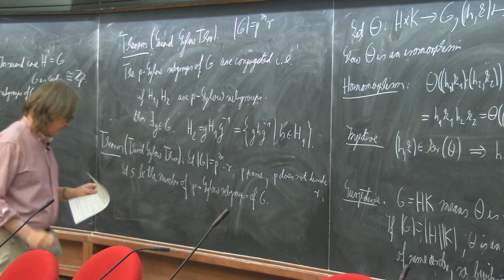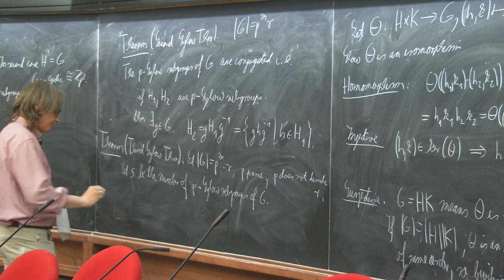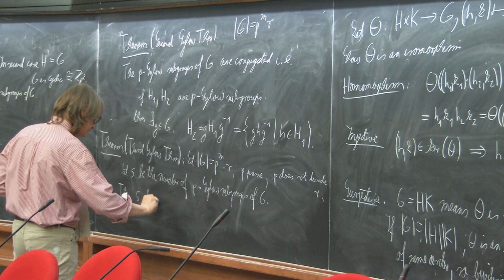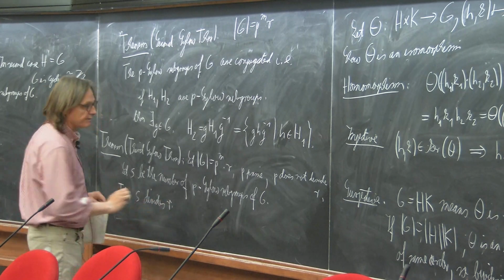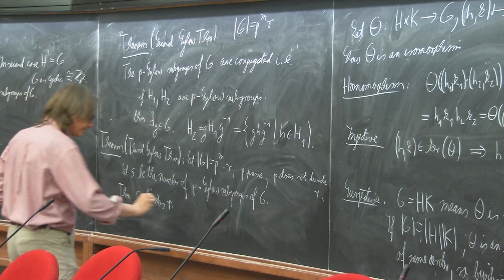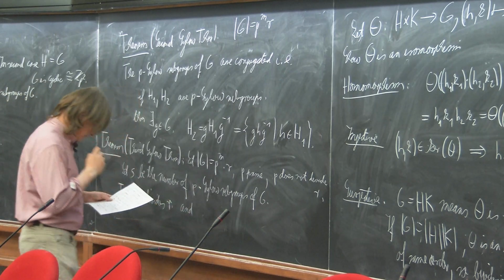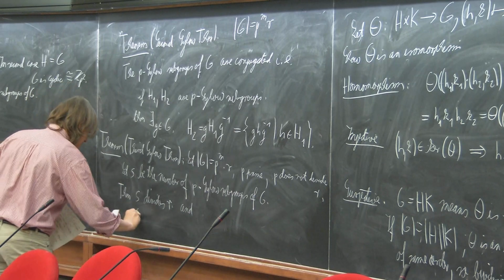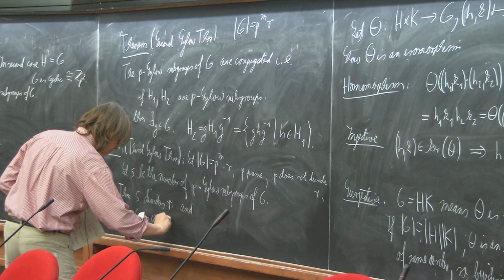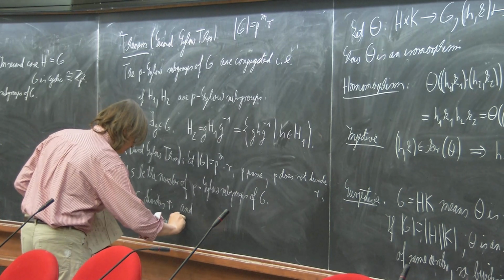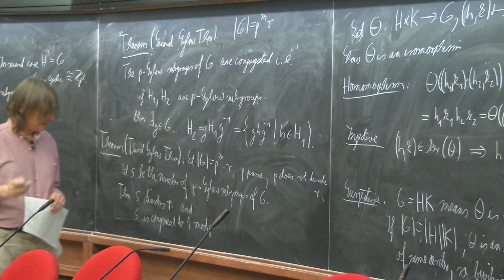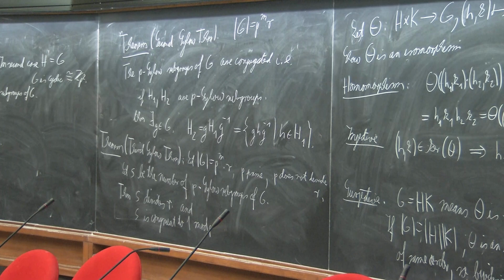So I cannot precisely say what this number is, but I can say two things. First, S divides R. So it divides the rest here if I divide by the highest possible power of P. And S is congruent to 1 modulo P. So if I divide S by P, I get the rest 1.